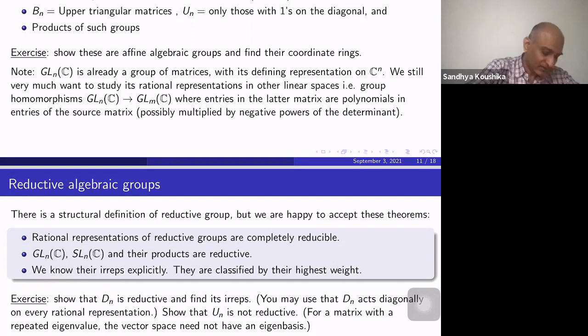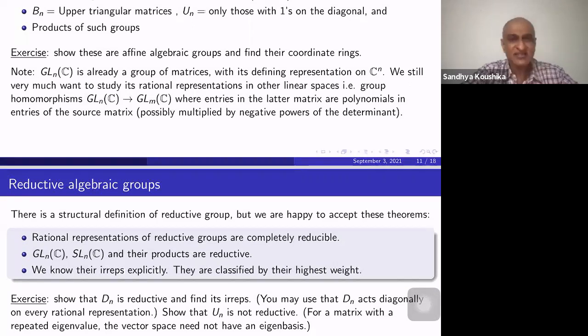Now, just in passing, this group UN, which recall is the group of all upper triangular matrices with ones on the diagonal, is not a reductive group. You should be able to find a counterexample, namely a specific representation that is neither irreducible nor breaks up into a direct sum of smaller things.